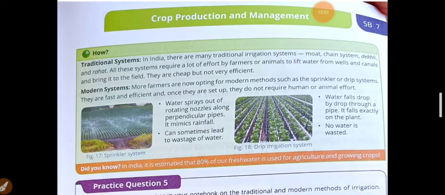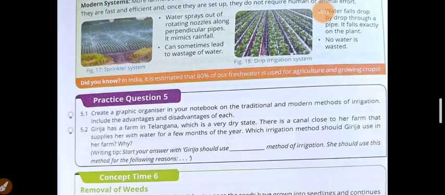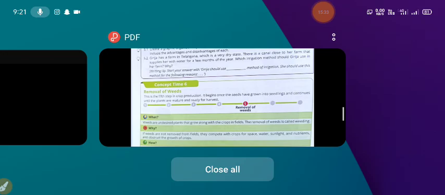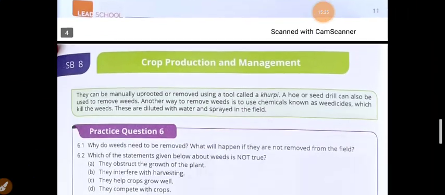In the modern system there are sprinklers and drip systems. A sprinkler is a rotating nozzle that spreads water over the crops, and in the drip system water falls drop by drop on the plant through a pipe, so no water is wasted. Weeding is the removal of extra plants that are not needed, done by removing the weeds from the root, or by using some chemicals which will also remove the weeds.